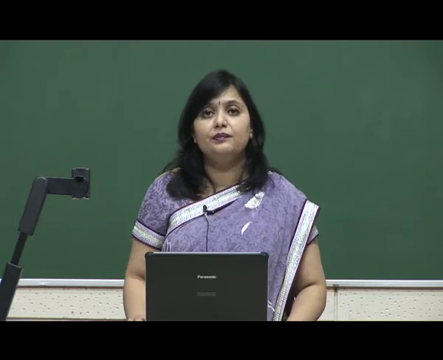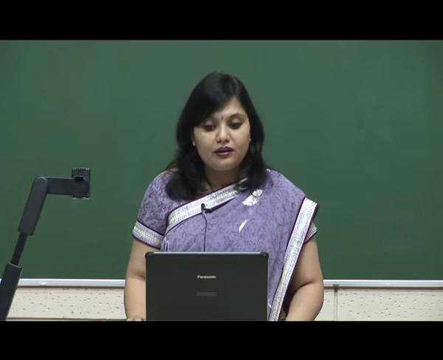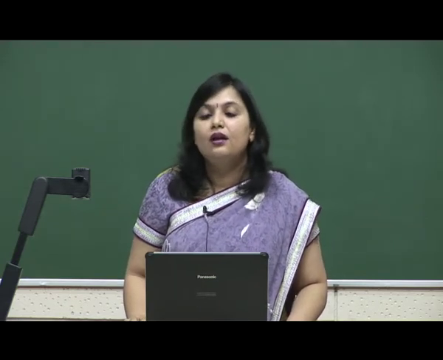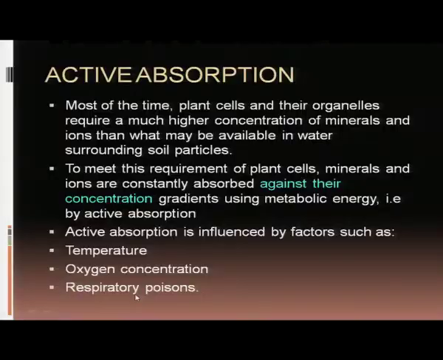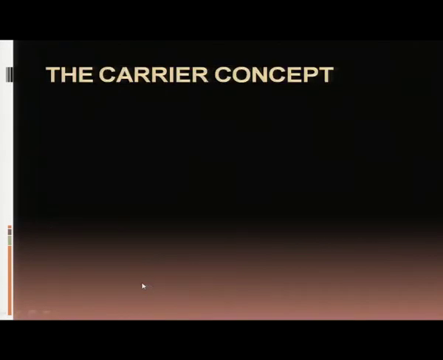Oxygen concentration also interferes with the rate of active transportation. If the oxygen is quite deficient, then the rate of active transport will be lowered. The metabolic inhibitors or respiratory poisons interfere with the carrier proteins, so the rate of active absorption is also lowered in the presence of these poisons or inhibitors.